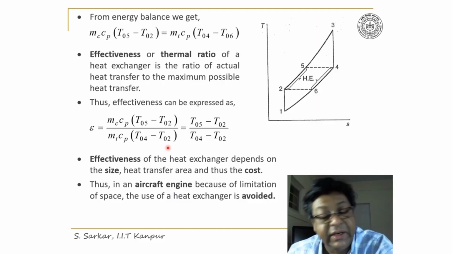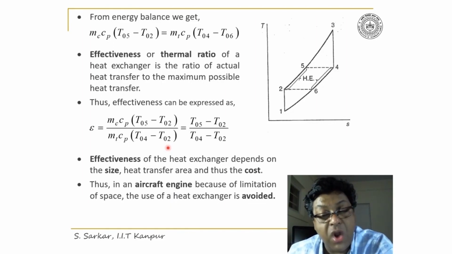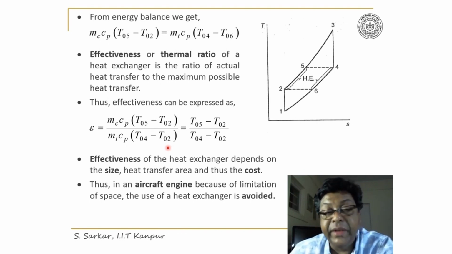Now, if I consider mC equal to mT and Cp constant, then effectiveness can be expressed in terms of temperature ratio, which would be equal to (T05 minus T02) divided by (T04 minus T02).